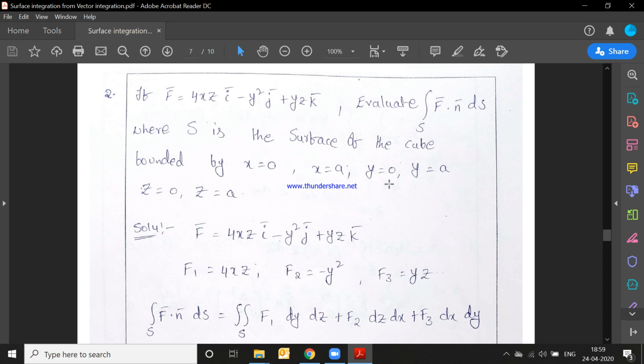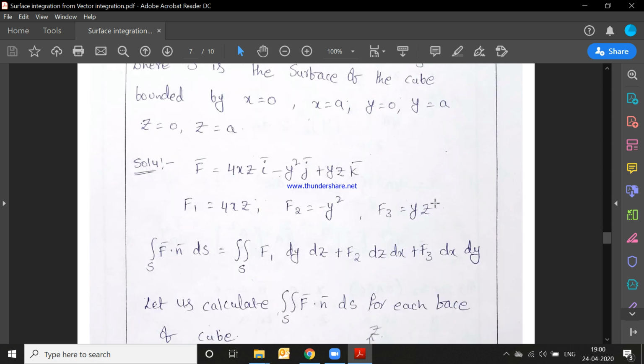Because here the surfaces are planes with square shapes, there is no need to take dS separately; we can find the surface integration directly by using the formula. Because it is a cube, it has 6 faces and not curved faces, so we can take it directly.